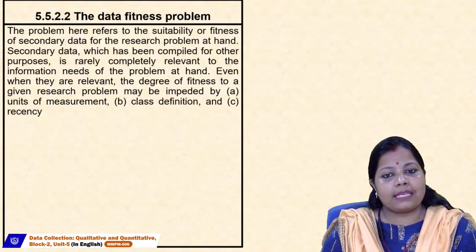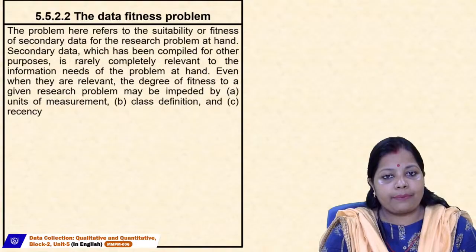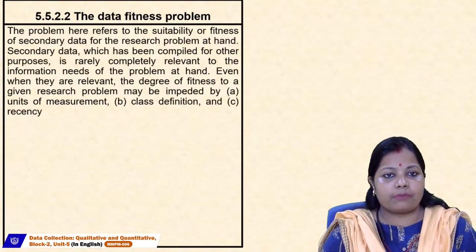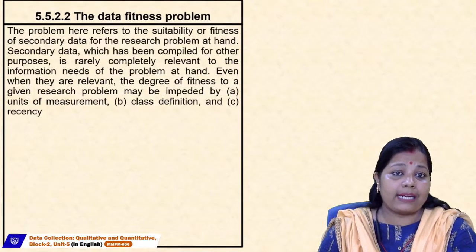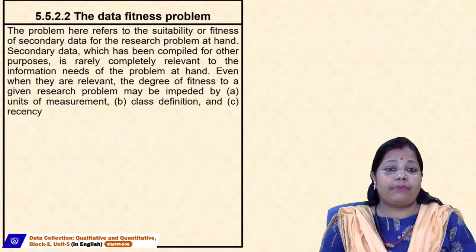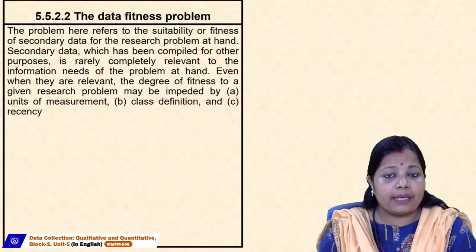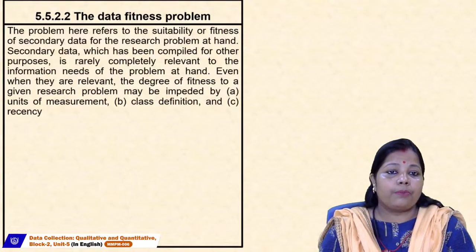It may happen that the same data is suitable for that source, for that person or that organization, but is it suitable for the researcher who is going to rely on that data, which is primarily collected by another but is secondary for the researcher? Is it reliable? Is it fit for the researcher for the research problem?